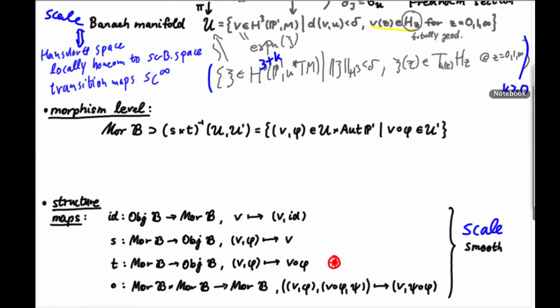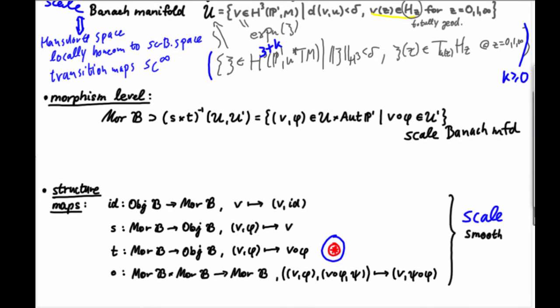So now I should be able to actually prove this. To prove that, I should really understand what the morphism space is precisely. So I would like to claim that this is now, in fact, also a scale Banach manifold. But there is this somehow weird pairs.